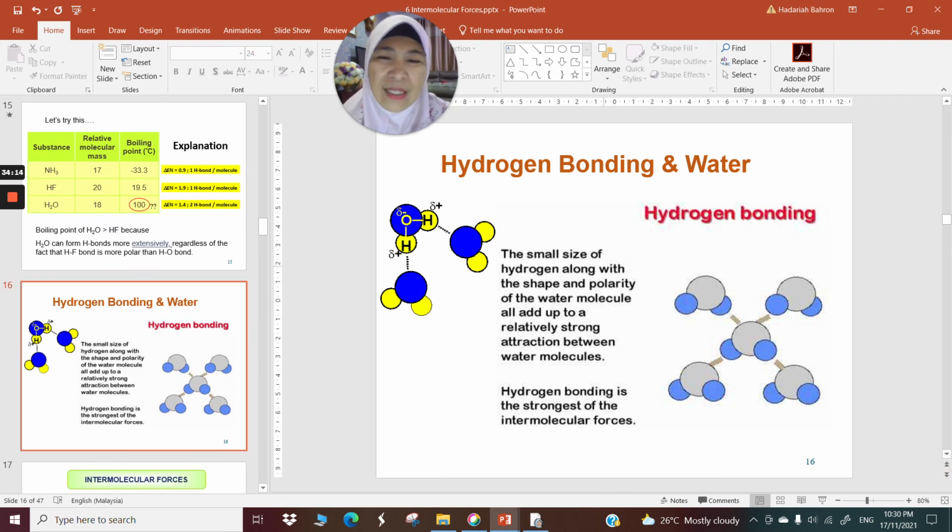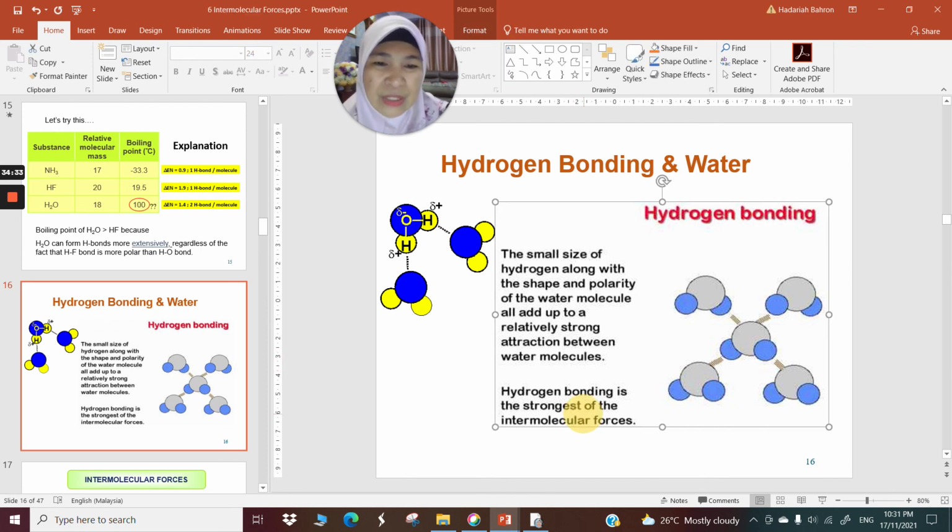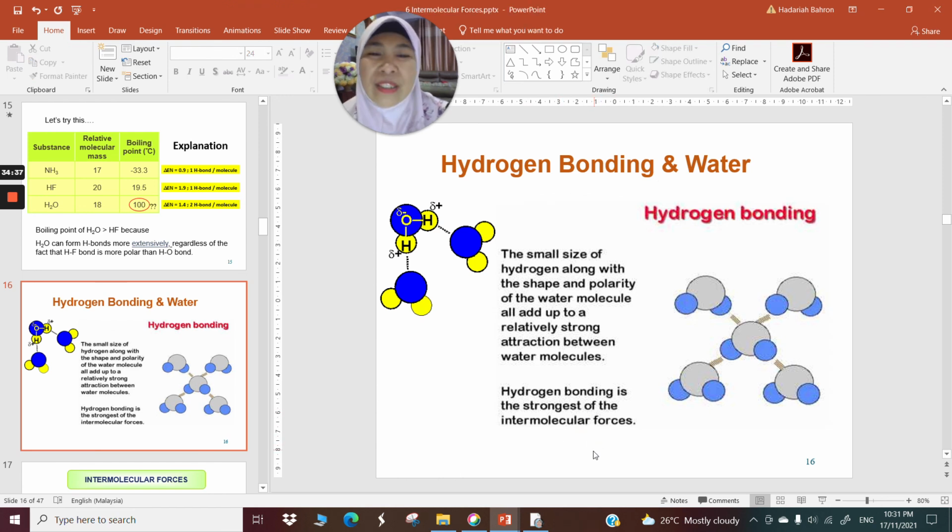Now, this is another explanation of hydrogen bonding in water. The small size of hydrogen, along with the shape and polarity of the water molecule, all add up to a relatively strong attractive force between two neighboring water molecules, and hydrogen bonding is the strongest of the intermolecular forces.